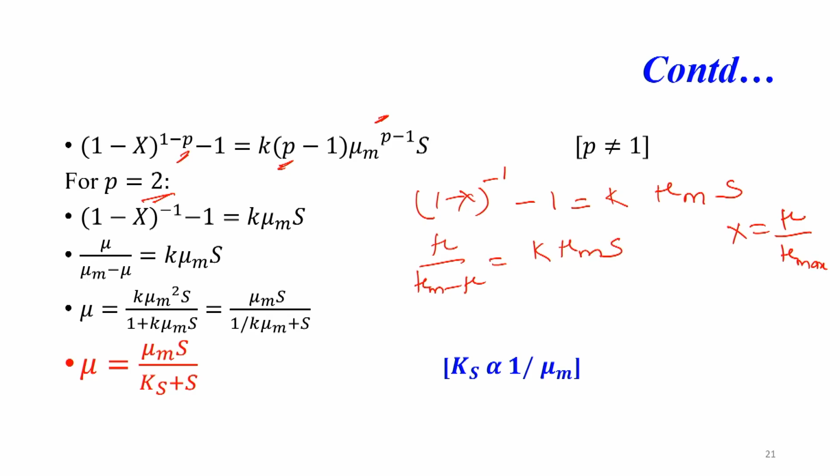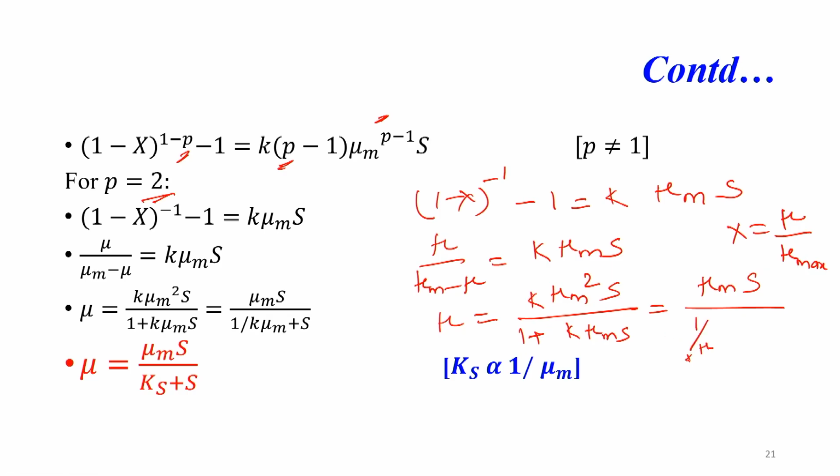If I try to rearrange in the form of mu, we will end up with mu equals k mu max squared s upon 1 plus k mu max s, or further we can rearrange it as mu max s upon (1 upon k mu max plus s).